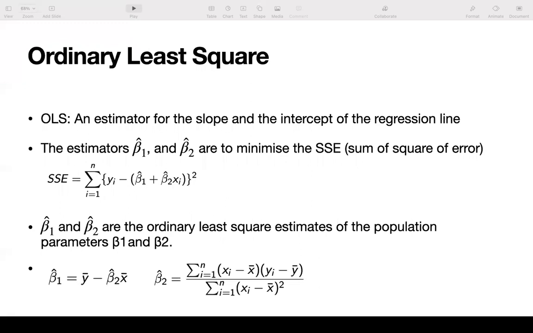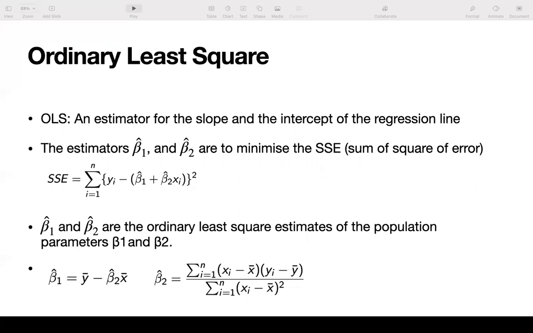Next we'll talk about ordinary least squares. It is an estimator for the slope and the intercept of the regression line. The estimators beta 1 hat and beta 2 hat minimize the SSE, which is the sum of squared errors. Both estimators are the ordinary least squares estimates of the population parameters beta 1 and beta 2.